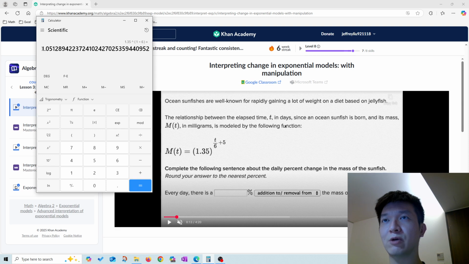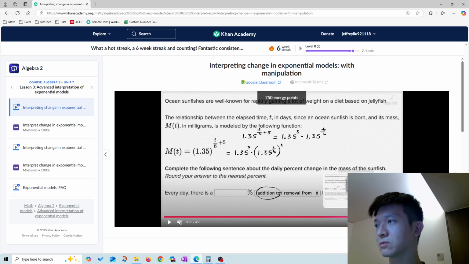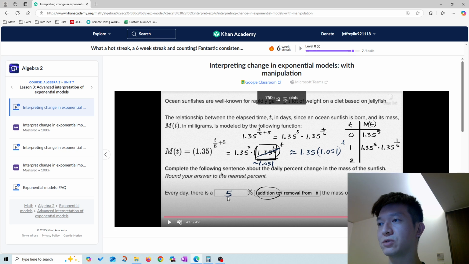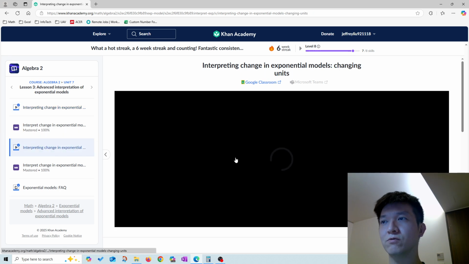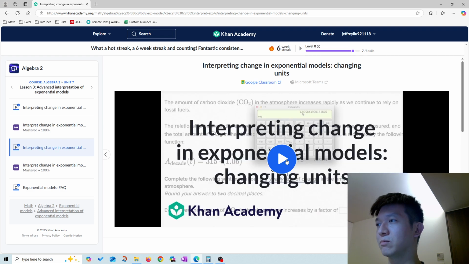So remember to get rid of the original, which is the 1, and the population or milligrams that you're growing from does not matter because we're interested in that addition. So it's gonna be 5%. Okay, 5%. Let's go for another model here.